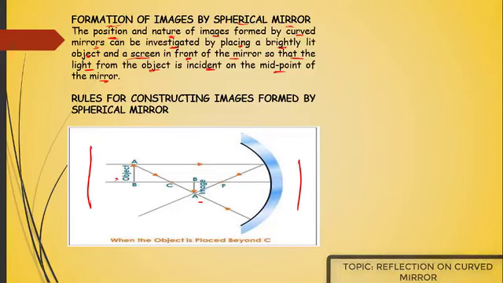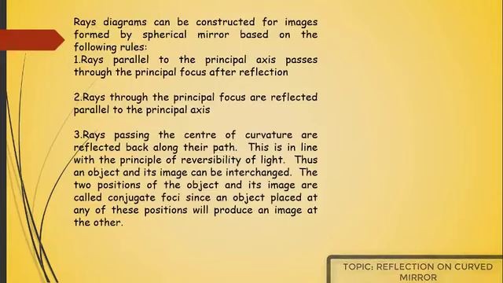All these factors put together constitute the rules for constructing images formed by a spherical mirror. Sometimes we draw ray diagrams to help us have a mental or diagrammatical representation of images formed by a spherical mirror.